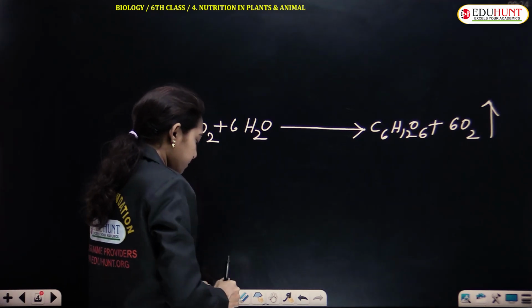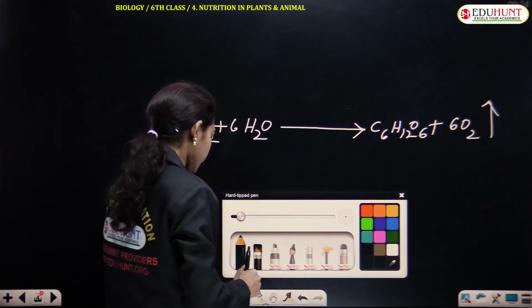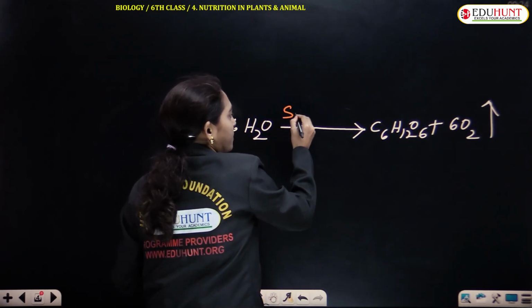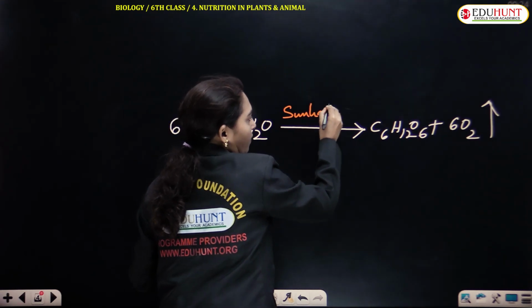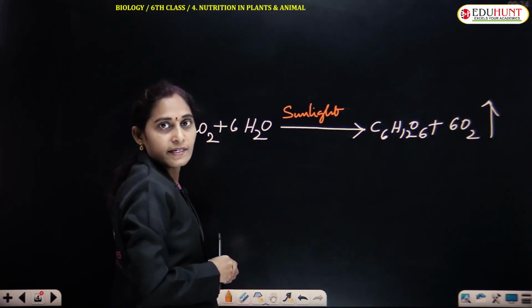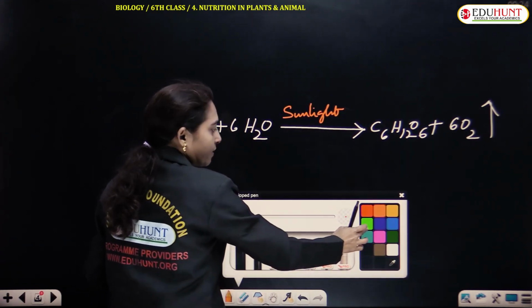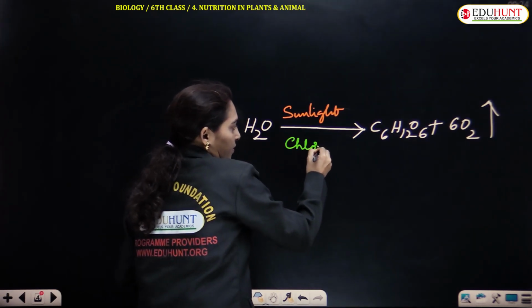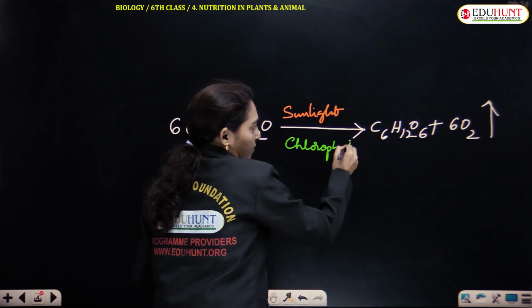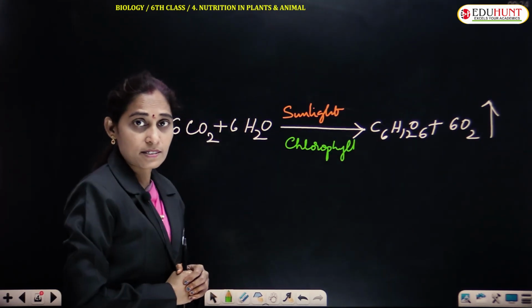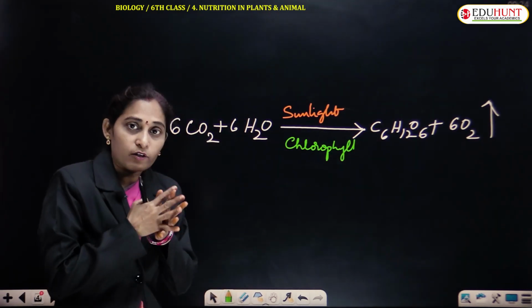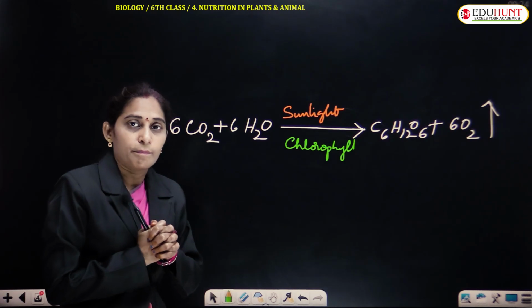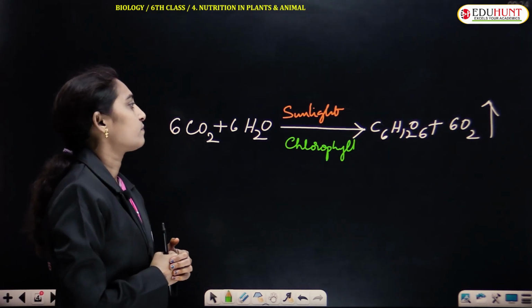And here it happens in presence of sunlight and takes place in chloroplast, and chloroplast consists of a pigment called chlorophyll.